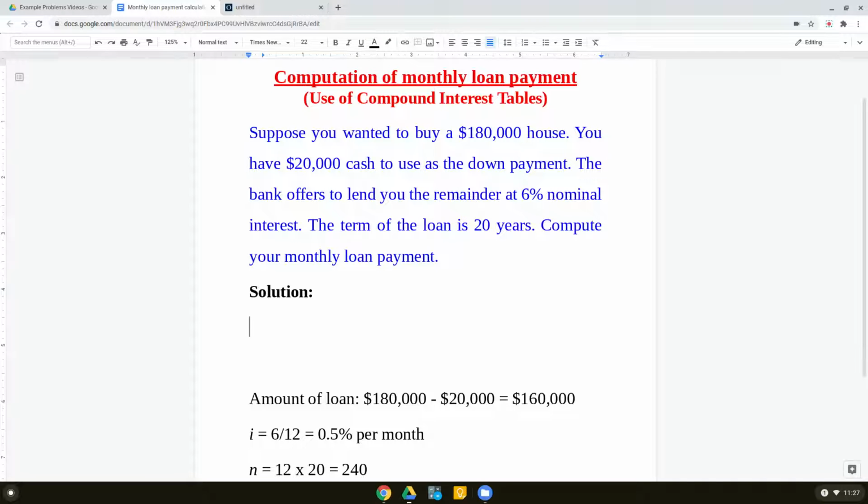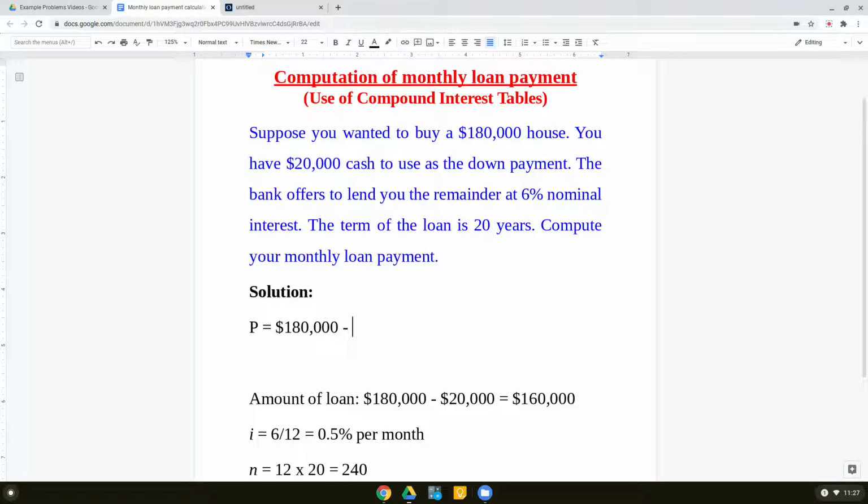So first thing that is given to us is letter P, which is the present value of loan in this case, right? That is how much loan you are taking, what is its present value. So that is $180,000 minus $20,000, because out of that $180,000, you are paying $20,000 upfront.